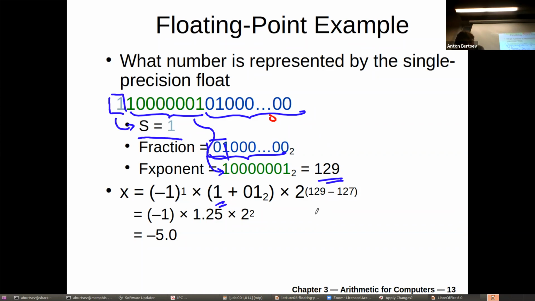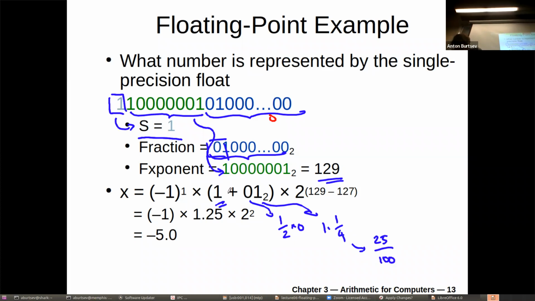And so what is it? Since this is 1 times 0 and this is 1 times 1/4, we get 1/4, which if we convert it to decimal is 25/100.